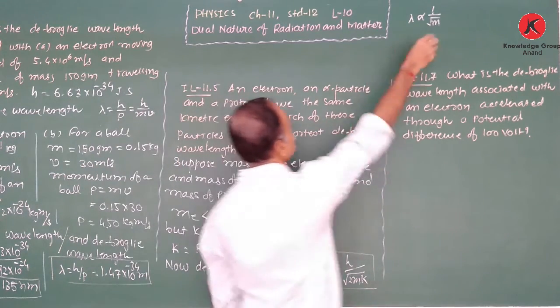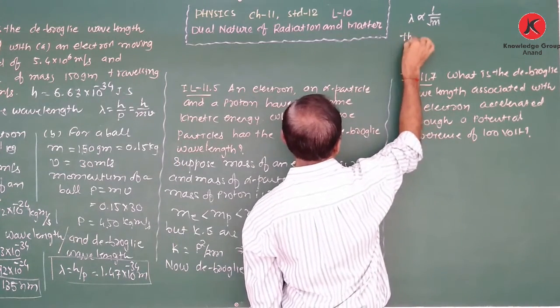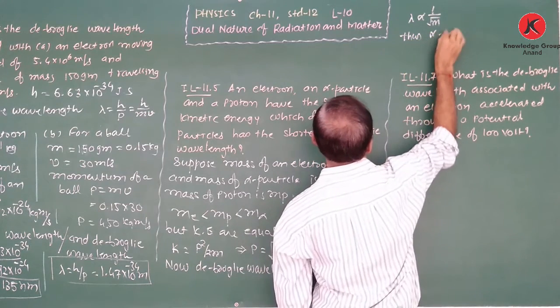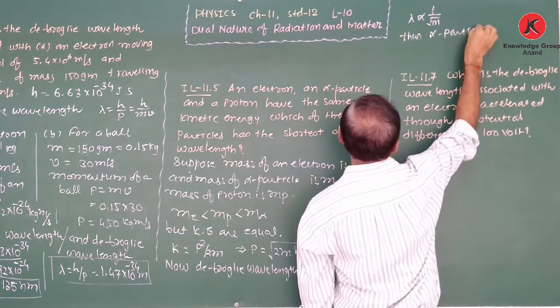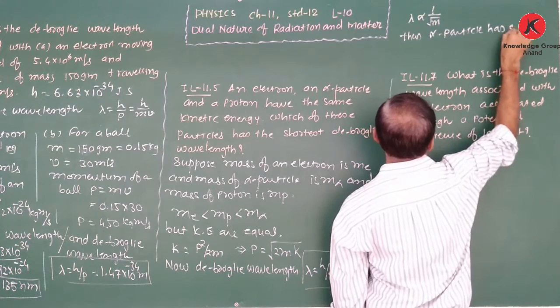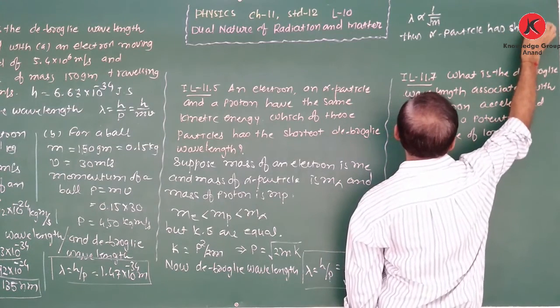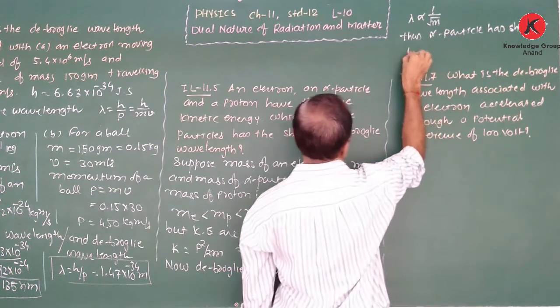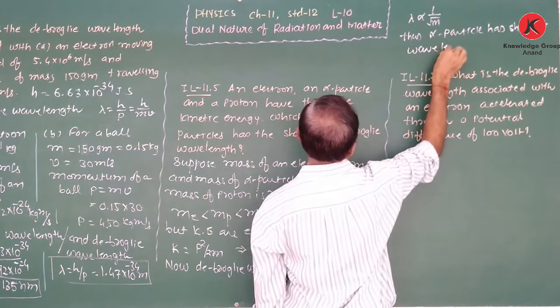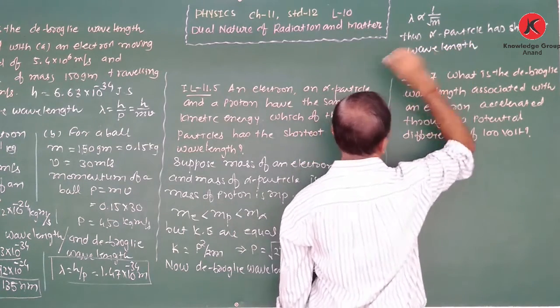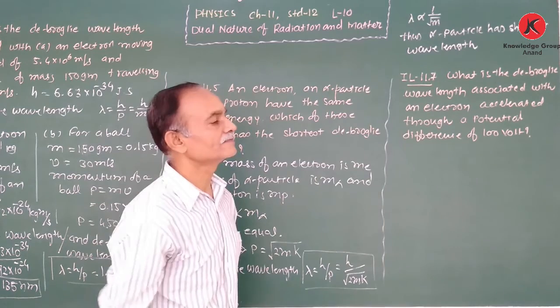Thus the alpha particle has the shortest wavelength, and the electron has the largest wavelength.